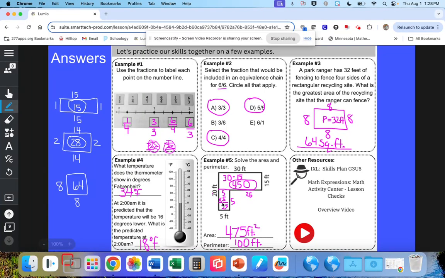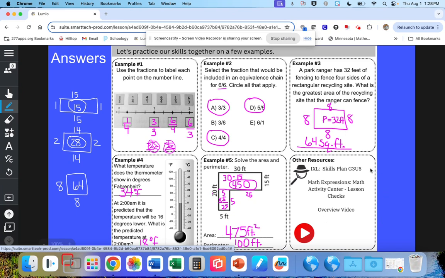And then if I found my area, I would have done 30 times 15 on the top part and 5 times 5 on the bottom part. I could have split mine straight up and down, and then I would have done 20 times 5 and 25 times 15. So either way would have worked, and I would have gotten an answer of 475 square feet.